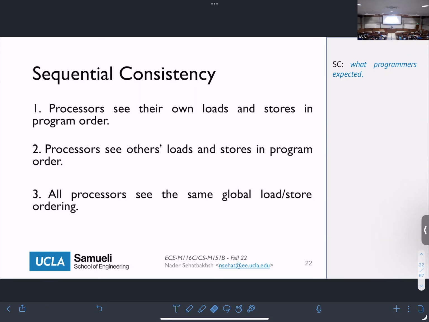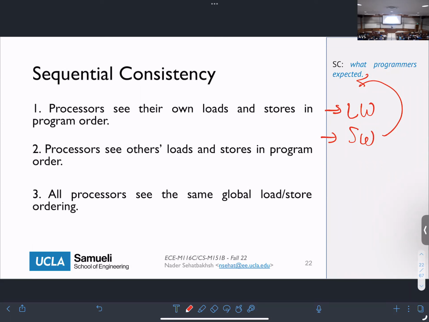So if you have a load and then a store in core number 1, sequential consistency guarantees that the load happens first and the store happens next. We will not have a scenario where the store happens before the load. So the 0, 0 or 200, 100 scenario that we talked about will be eliminated.